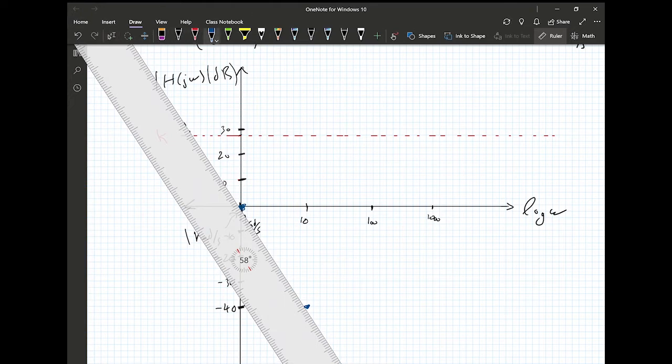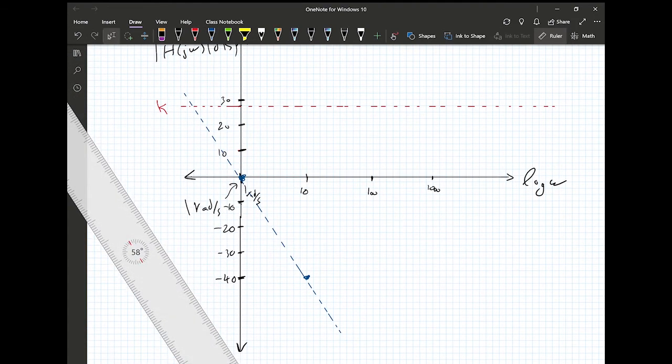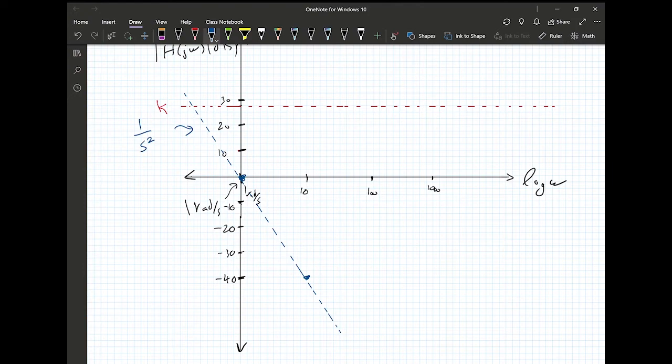So this is the gain due to the, right? This is now due to the 1 over s squared. Okay, so we are done with this.